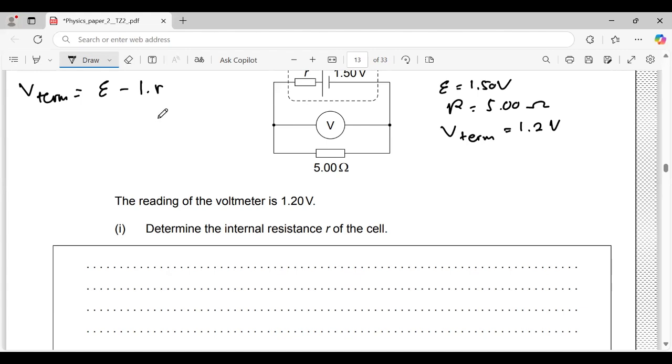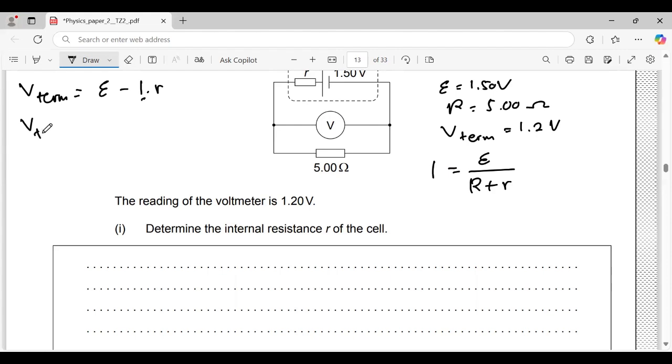As well, the current in the circuit can be found using Ohm's law for the total circuit. Ohm's law for the total circuit says that I equals EMF over external resistor plus internal resistor, epsilon over R plus r. Now substitute this equation into the previous one.